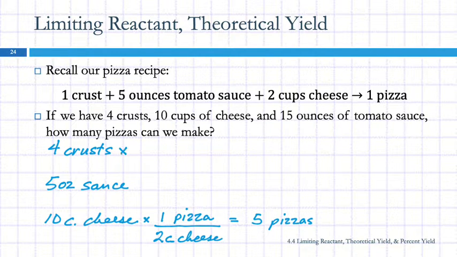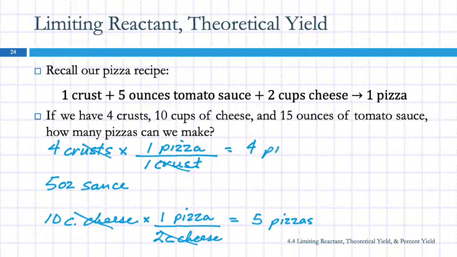So with the crusts, we're also going to use a conversion factor from this recipe or this equation. Here it's 1 pizza for every 1 crust. I didn't cancel those out. And so 4 crusts should give us 4 pizzas.